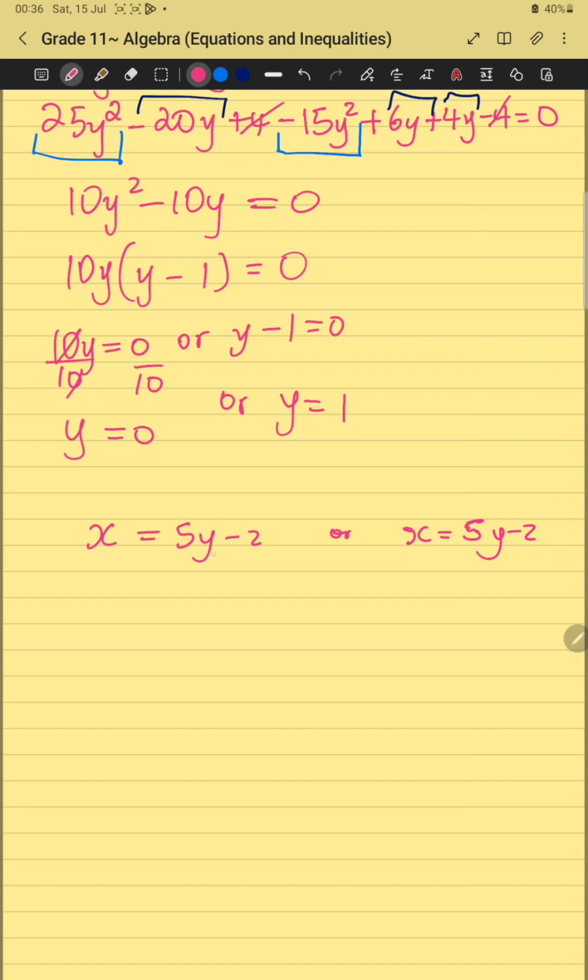So in the place of y, we're going to put 0, and then we're going to put 1 there, to get x and x, because remember we're solving for x and y, not only y. So 5 times 0 is just 0, so we've got minus 2, and then on that side, which is 1, 5 times 1 is 5, minus 2, which is 3.